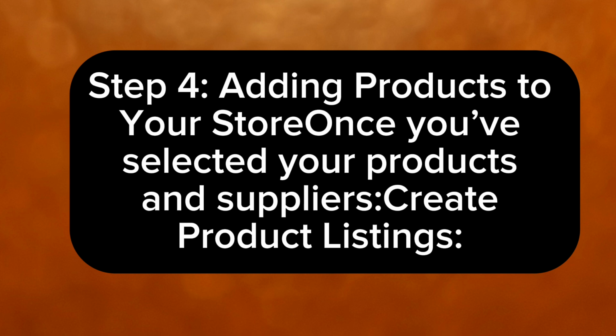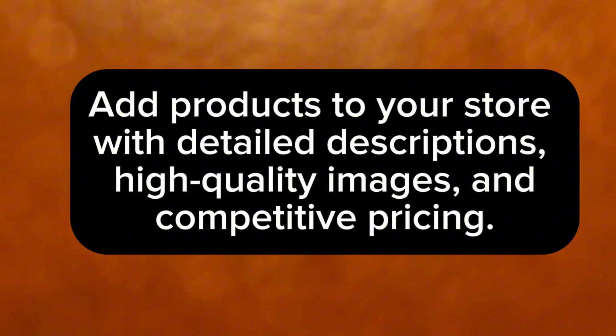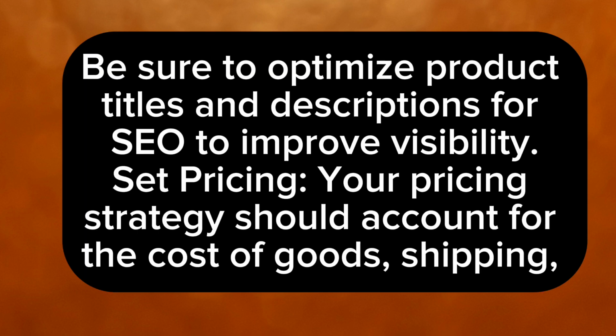Step 4. Adding products to your store. Once you've selected your products and suppliers, create product listings. Add products to your store with detailed descriptions, high-quality images, and competitive pricing. Be sure to optimize product titles and descriptions for SEO to improve visibility.